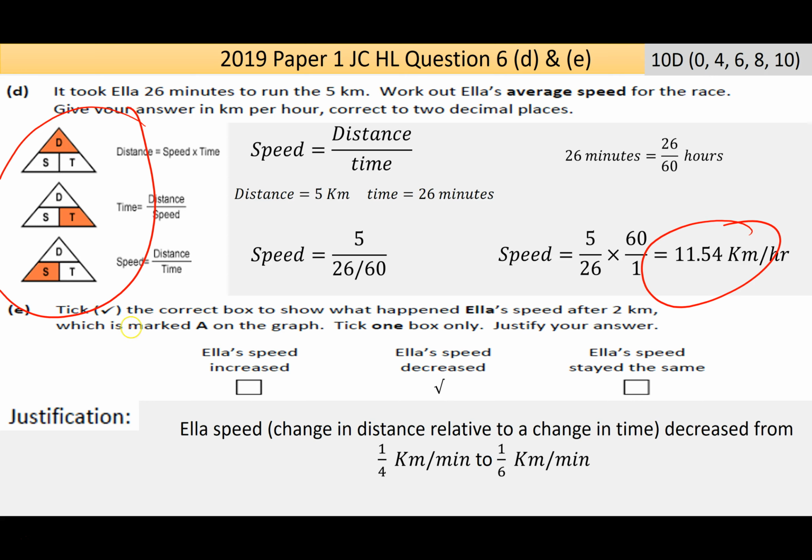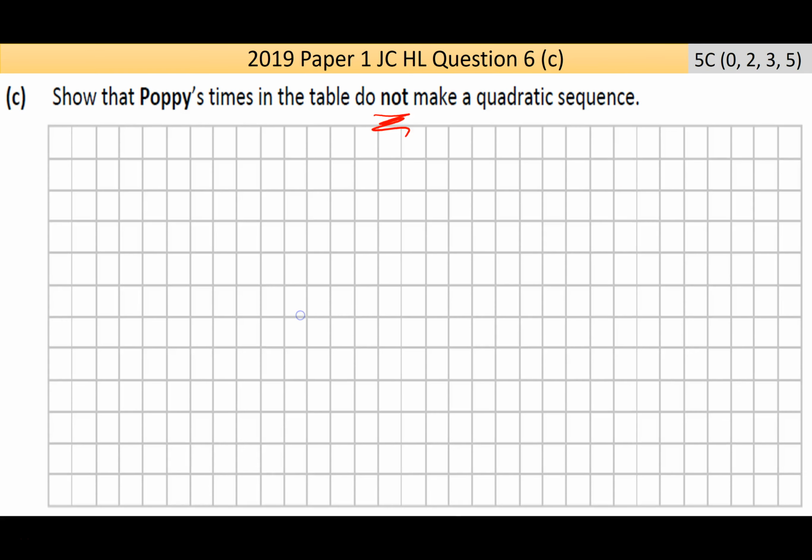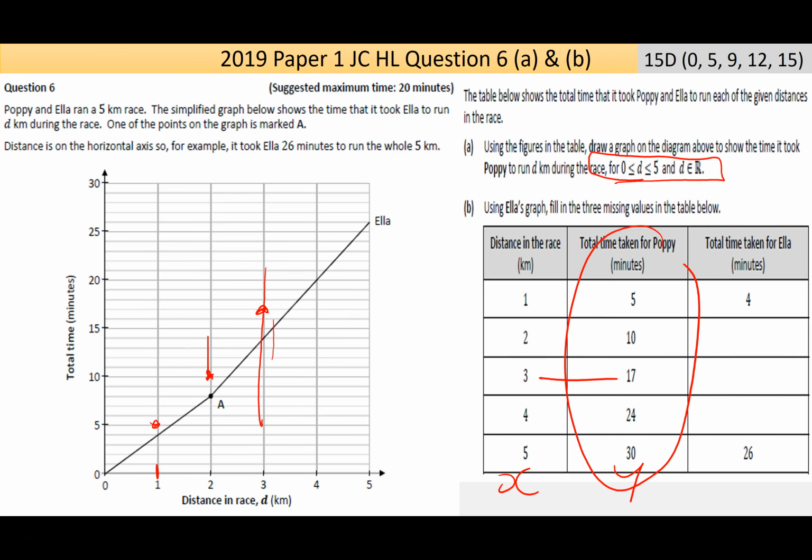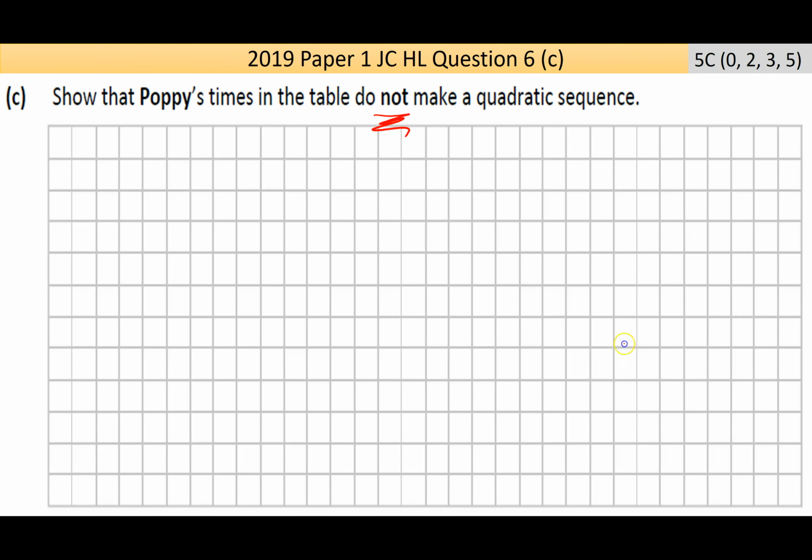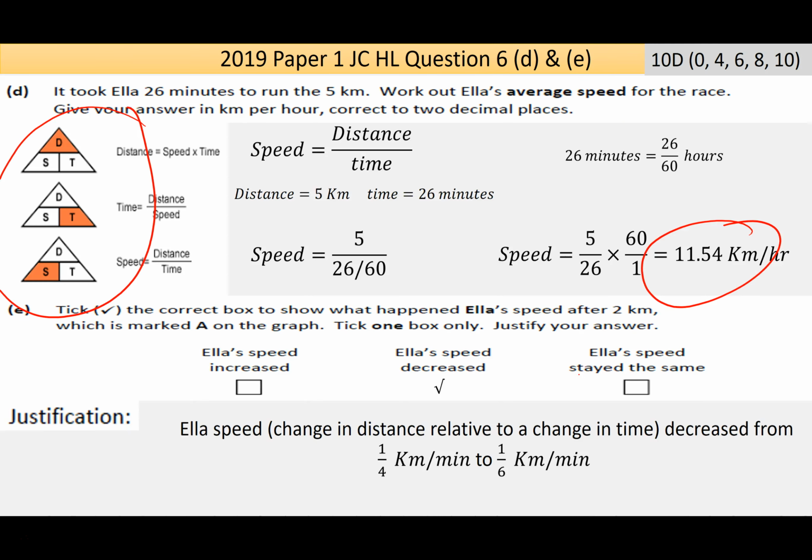So part E says tick the box to show what happened to Ella's speed after 2 kilometres, which is marked X on the graph. If we go back to remind ourselves of the graph, that was the first one there. So Ella's speed there was 1 kilometre in 4 minutes. Here, if you remember, it was 1 in 6 minutes. What happened? She slowed down. We did say that would probably be important, and it was.